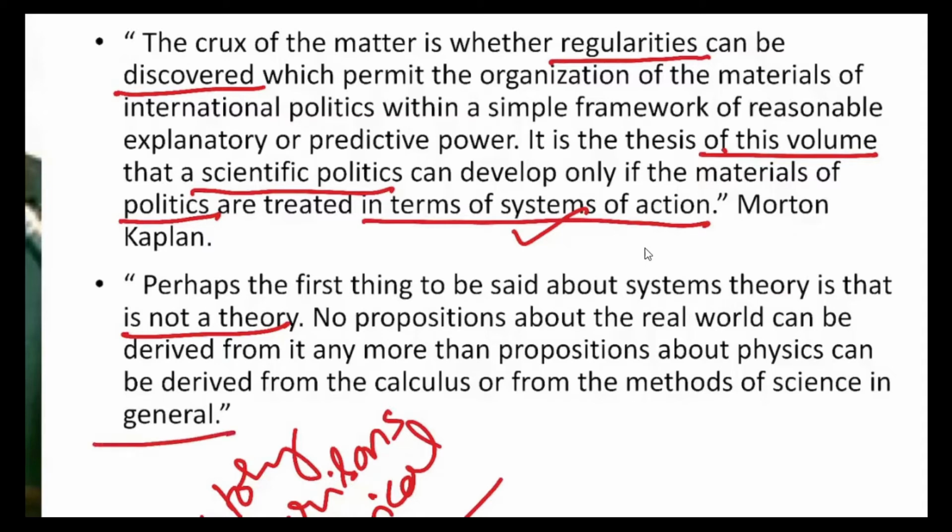So you use the systems approach and build a model, and then from that you get generalizations. So this is a methodology. Calculus is a method, methods of science. So using the systems approach, you should get particular outcomes. The systems approach itself is not the outcome. Okay.